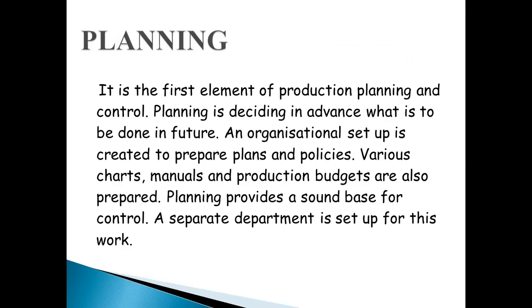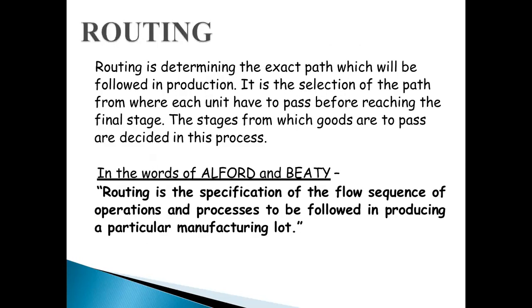So there are so many activities involved, and we have to decide in advance what is to be done in the future. And routing means we have to determine and specify the exact path which should be followed in production. It means the selection of the path through which each unit has to pass before reaching the final stage. Suppose there are stages of production: A to B, B to C, C to D, right?